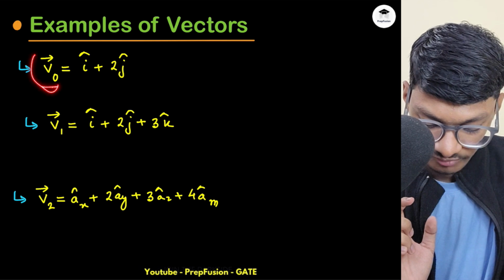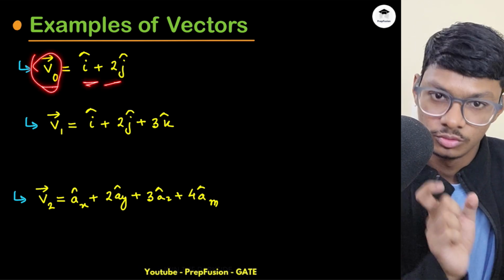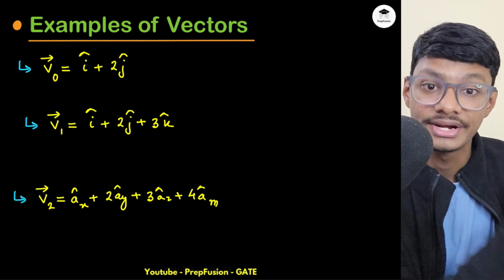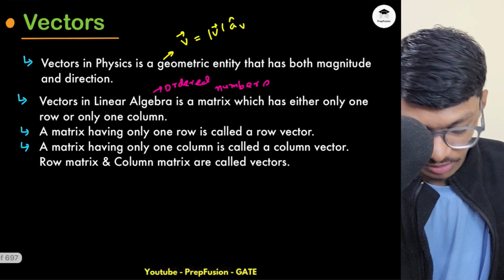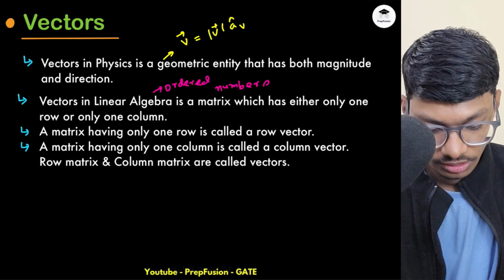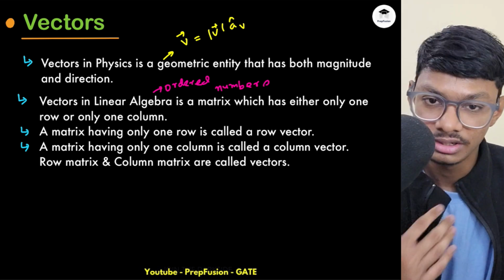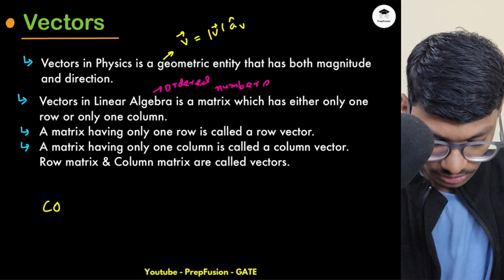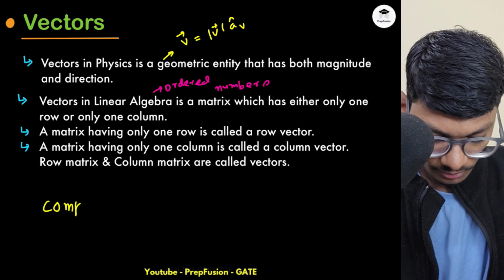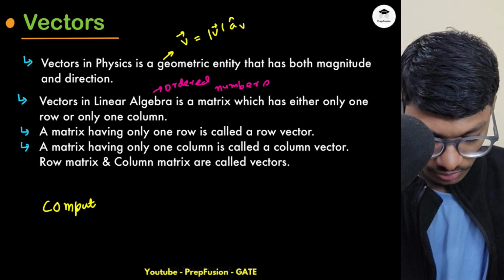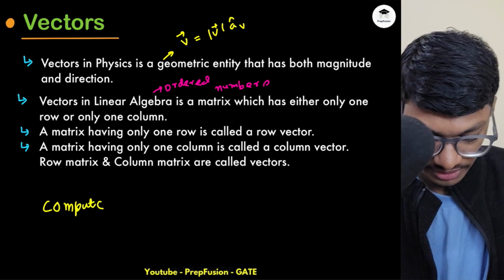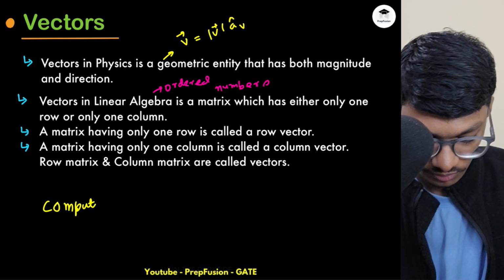So let's see a few examples of vectors. I have one vector v naught which equals i cap plus 2 j cap. How can I write this in the matrix format? Why is this important? Because mainly in computers we can't obviously store vectors, that is a physical quantity.